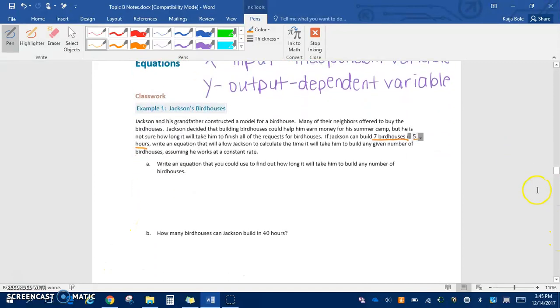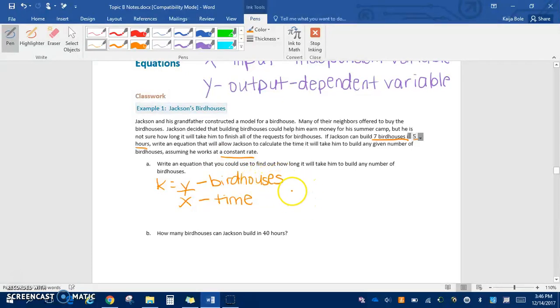So our key word here is that constant rate. That means that we're going to find our constant k, which we know is y over x. But first we need to figure out which one is going to be our y and which one is going to be our x. So lucky for us, in this first one we do have time. So x is going to be time and y is going to be birdhouses.